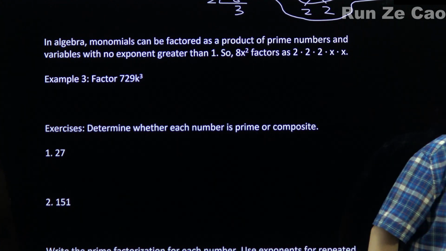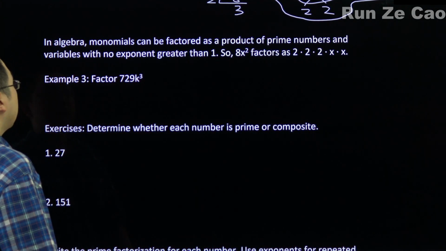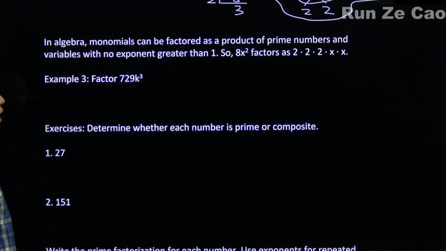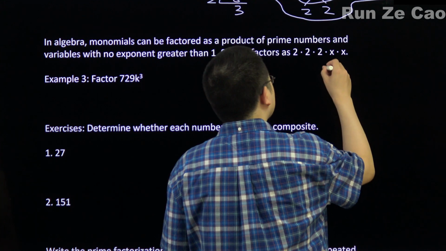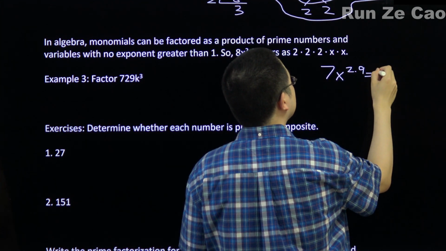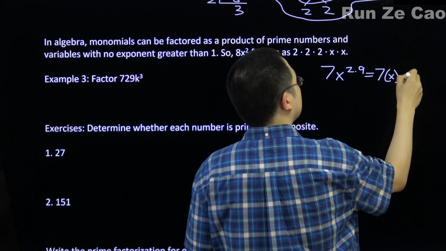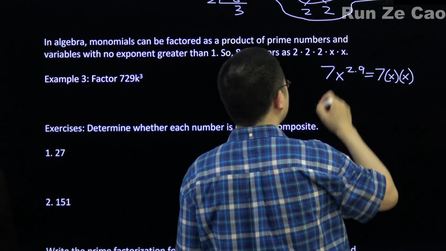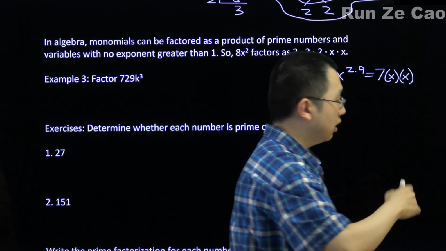In algebra, monomials can be factored as a product of prime numbers and variables with no exponent greater than 1. What does that mean? Well, that means 7x to the 2.9 is going to be 7 times x times x. I'm not going to use the dot product notation here on this board because it's kind of hard for you to see.